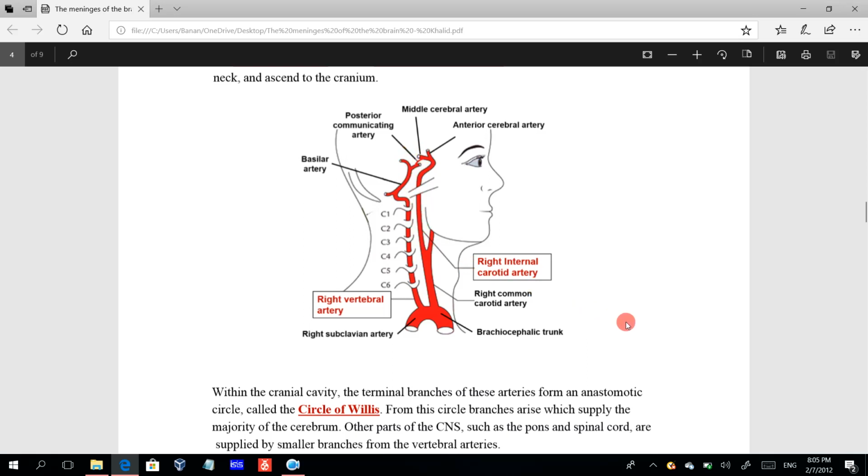From this circle of Willis, many branches will supply the brain, the cerebrum, and the other parts. The brainstem is also supplied mainly by the vertebral arteries.